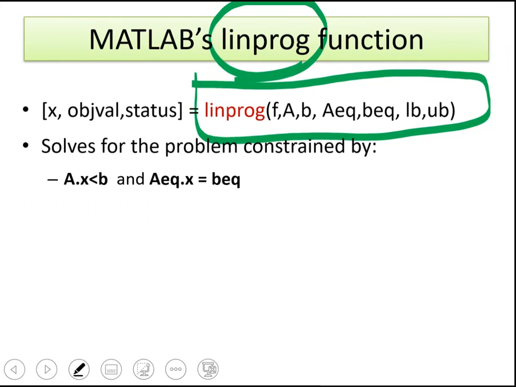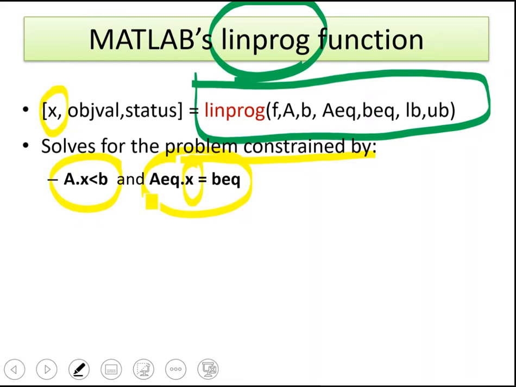So the linprog function in MATLAB was designed to solve problems constrained by this set of equations. Here x is the unknown to be calculated, so it corresponds to our reaction rate vector, our flux vector.